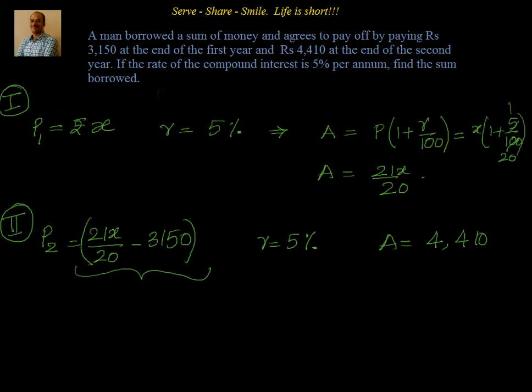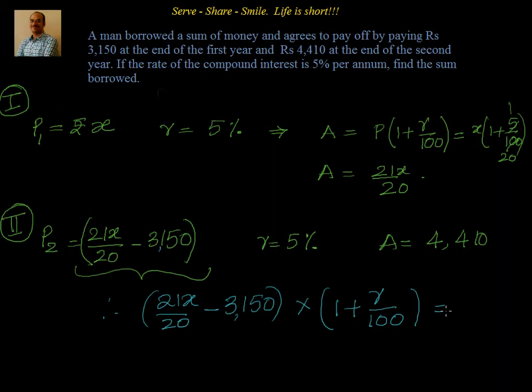Now let's apply this formula. So therefore (21x by 20 minus 3150) into 1 plus R by 100. P into 1 plus R by 100 will give me the amount. This should be equal to 4410, and you know R equal to 5%, so I can substitute that.